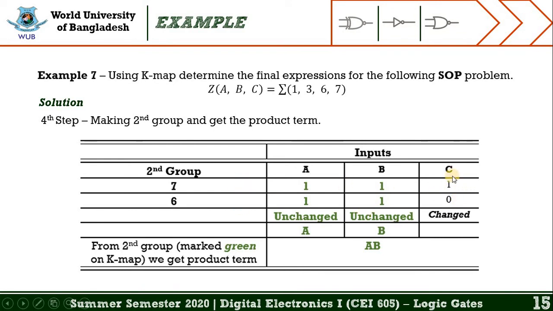The value of C in 7 is 1, and in 6 it is 0, so we cannot count it. We just count the unchanged values, which are A and B, and there is no 0 value. So from group 2, marked green on the K-map, we get the product term A and B.